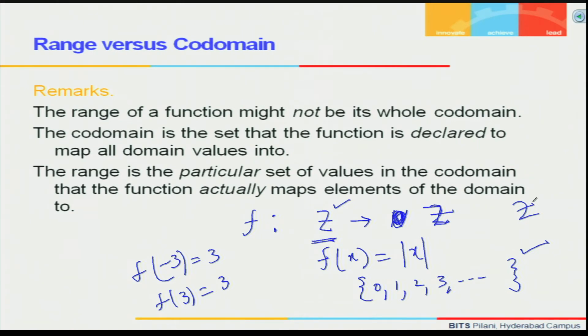It always is a subset, but in some cases it is a proper subset, in some cases it can be equal to the codomain. If f is defined like this, the range of this function happens to be this, whereas the codomain happens to be this. Here the range is a proper subset of the set of integers.